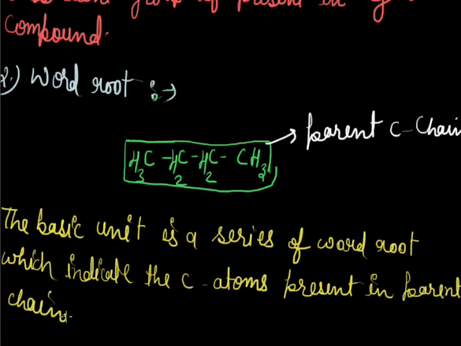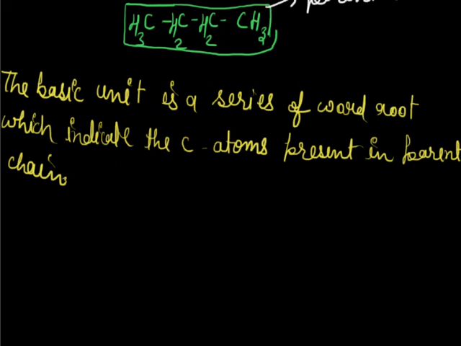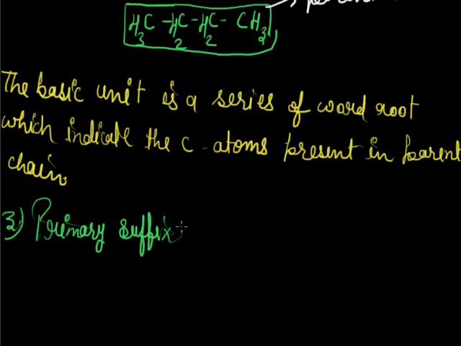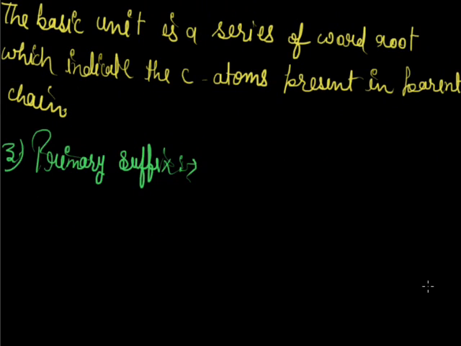Now, third is primary suffix. Before using this word, firstly we should come to know about the saturation and unsaturation. What is saturation and unsaturation? So we know it very well that carbon has four valencies. That's why carbon has the tendency to form four bonds with other carbon atoms.